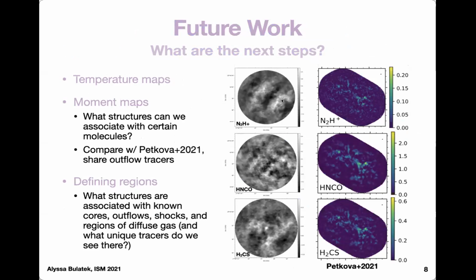So maybe some of the molecules look more diffuse versus they trace more compact structures. We might even be able to say preliminarily that we can see cores for some molecules. And also a next step would be to compare our data with the simulation data from Maya's recent paper to see if we can match structures for the same molecules.